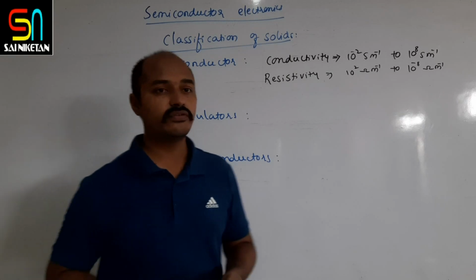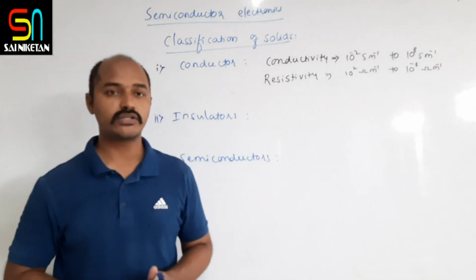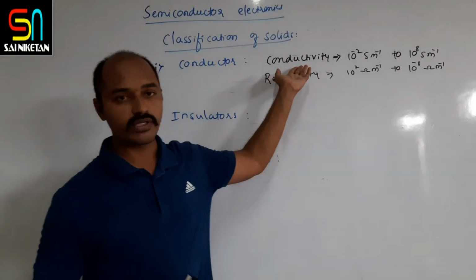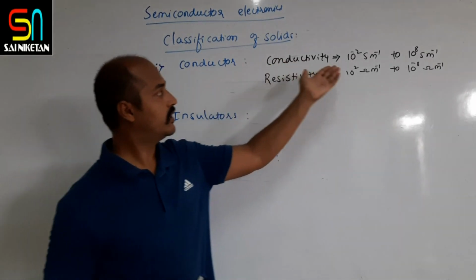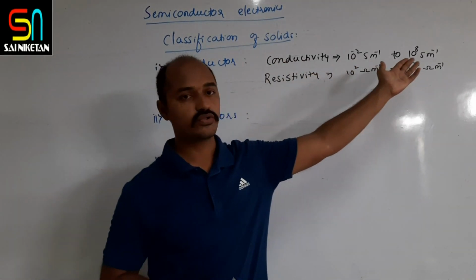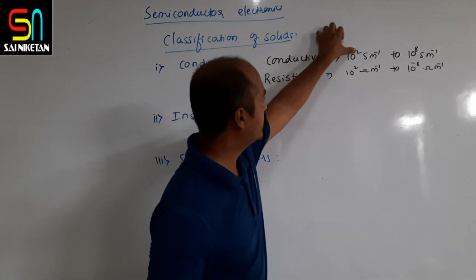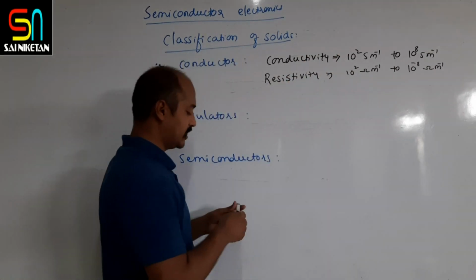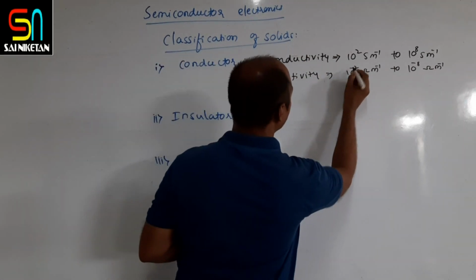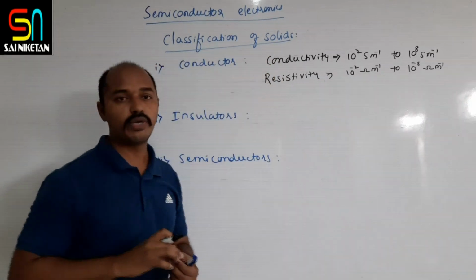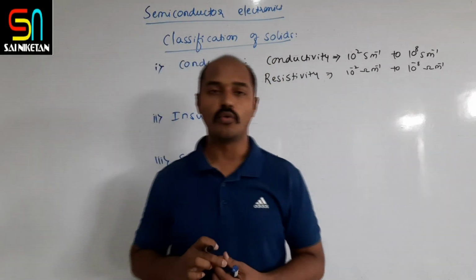Here conductivity and resistivity are inversely related to each other. Conductivity for the conductors is very high, and resistivity is very low.